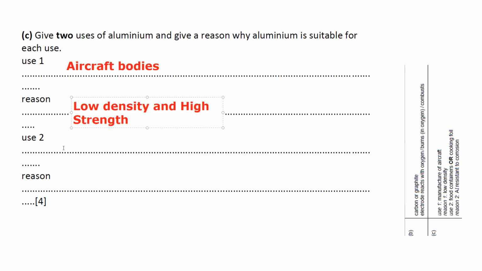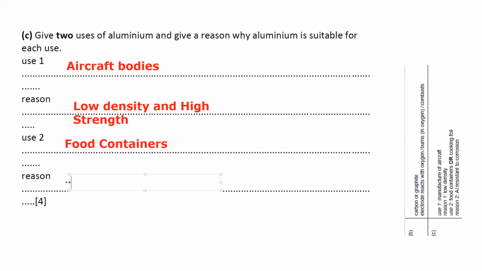Then the second thing, what is another use of aluminium? We use it for food containers, or aluminium foil is also used. So what is the reason for that?